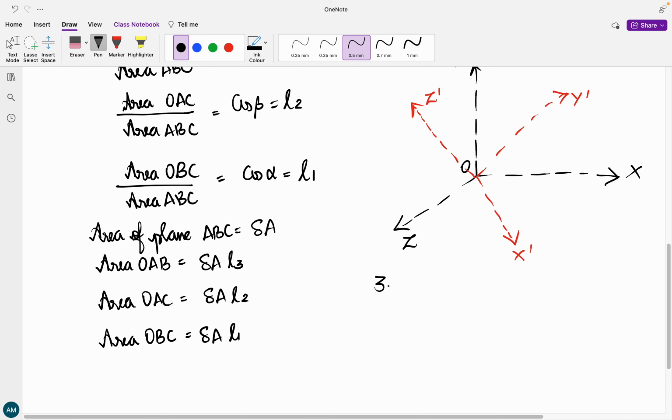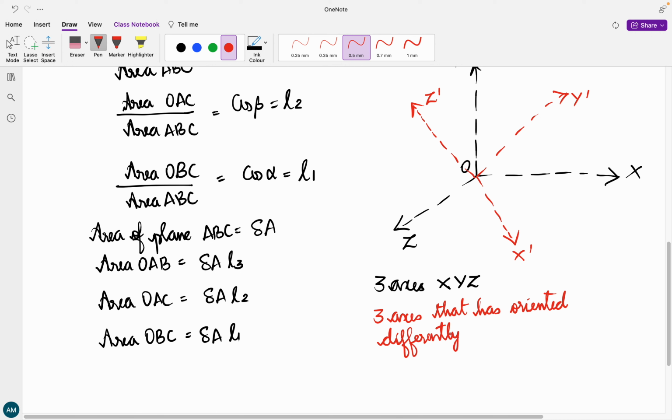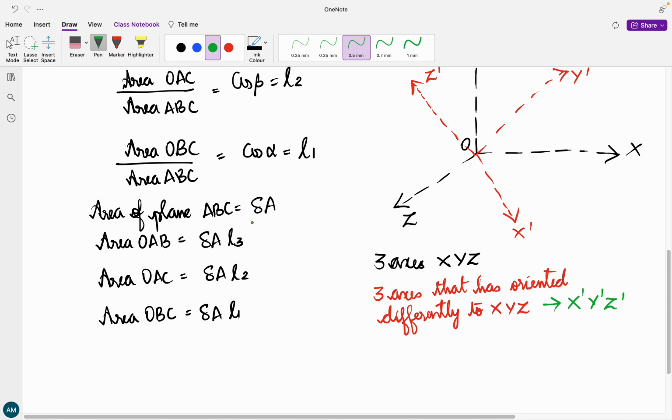So we have initially three axes x, y, z. Then we have considered three more axes that are oriented differently to x, y, z. Therefore, the new axis is going to be x dash, y dash, z dash. Alright.